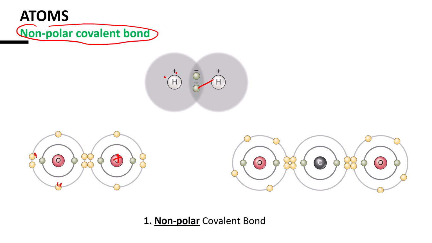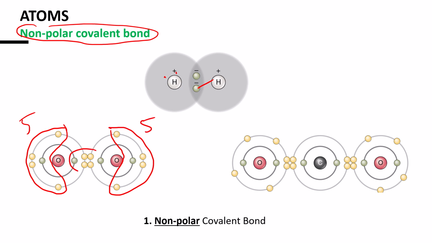Also, they're non-polar because there's not an electrical pull. What that means is that if you count the amount of electrons on this side, how many in total? 5. If you count this amount here, how many electrons? 5. If you count here in the center, there's 6. But the point here is that they're more equal.